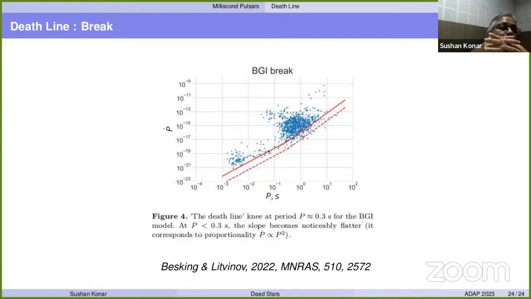The more complex the magnetic field we take, our life becomes difficult. The calculations become difficult. But in reality, individual pulsars have been investigated, and there is clear evidence of magnetic fields having a much more complex structure compared to a dipolar field.